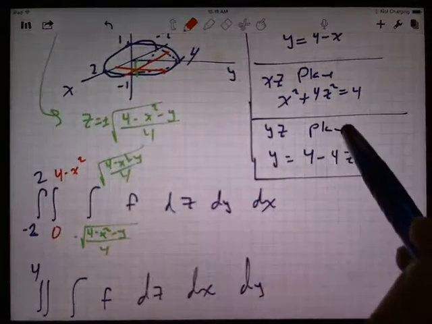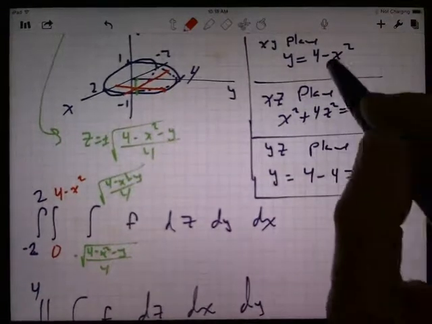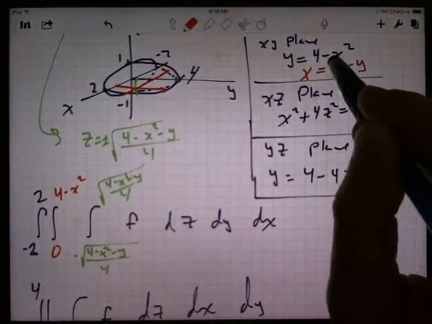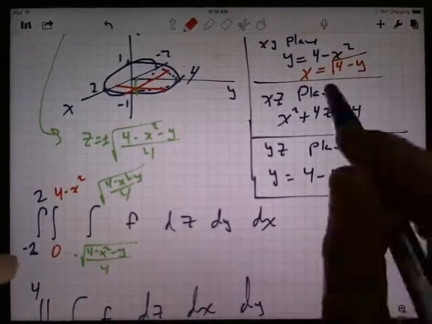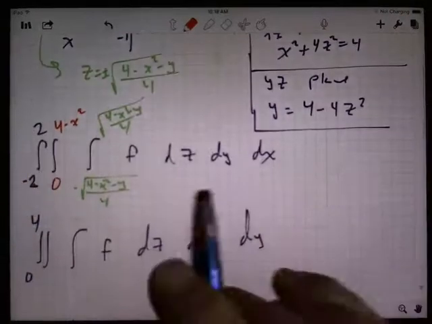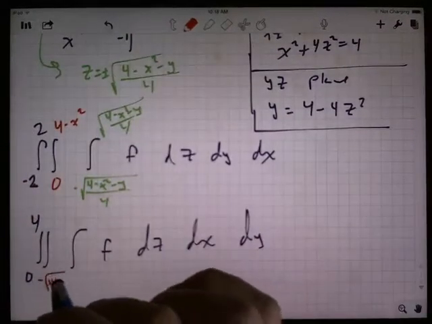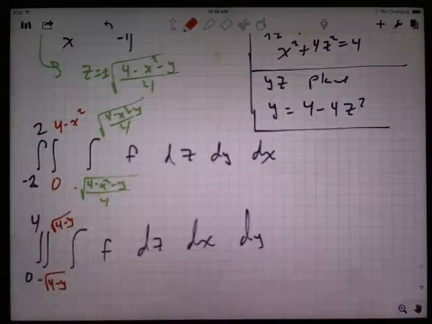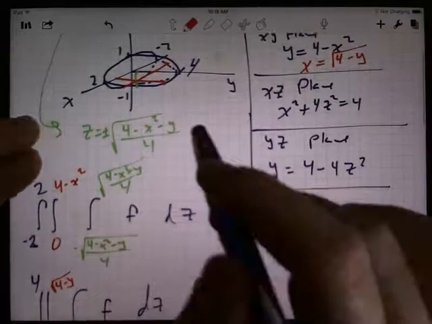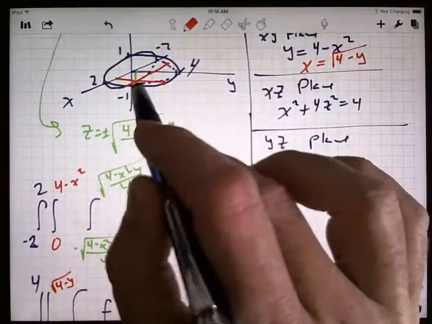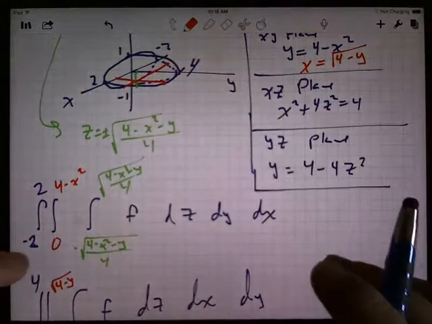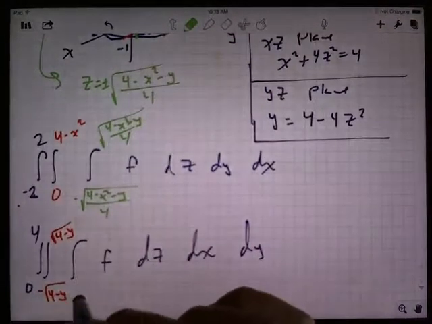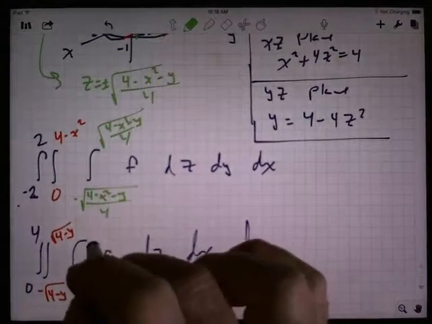In the xy plane, I'm looking at this thing, so if I solve for x, in that xy plane, the minimum x is minus the square root of 4 minus y, and the maximum x is plus the square root of 4 minus y. Then, for each value of x along that line, you say, what is z doing? Well, it's doing the same thing it was before, and so the inside limits of integration are the same as they were before.